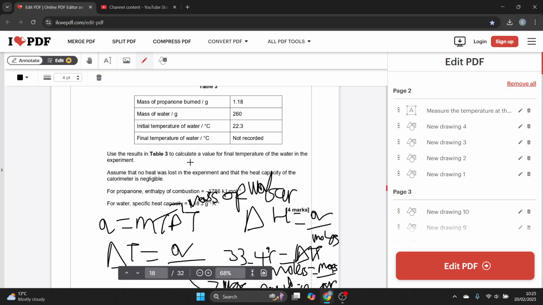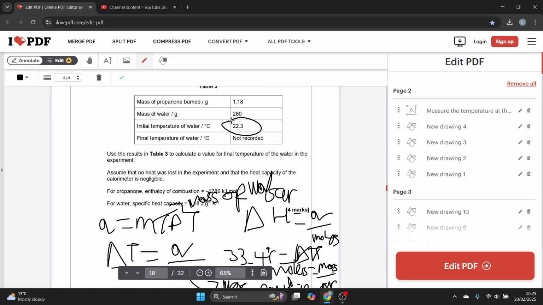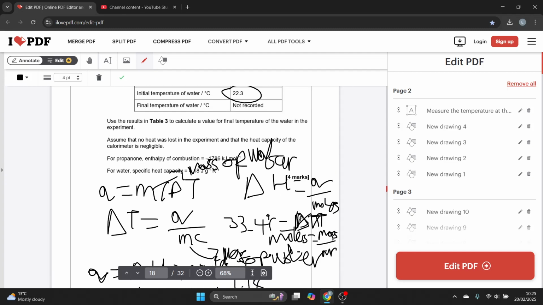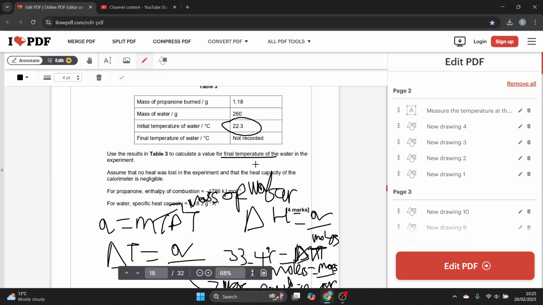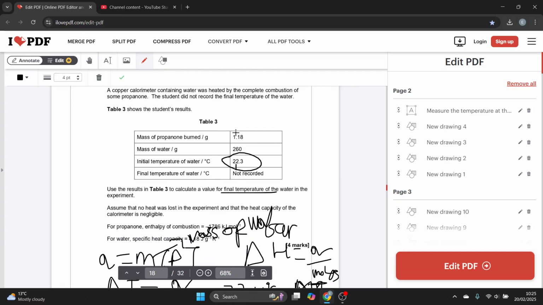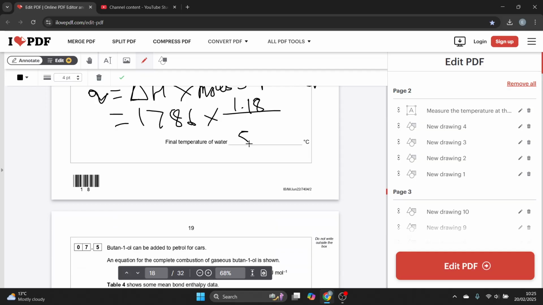But I know there's always a trick to these parts. There we go. Initial temperature is 22.3. I don't want to find out delta T, I want to find out the final temperature of the water. So I know the difference between these two is 33.4 degrees Celsius, and therefore the final temperature is just going to be 22.3 plus 33.4, 55.7 degrees Celsius.